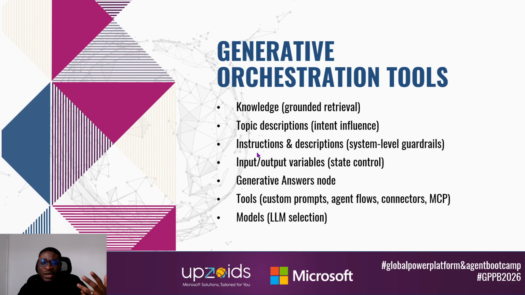Apart from that, we have our variables, input and output variables, which are very important, because if you have a variable as an input to a topic, the topic cannot run until that variable is passed to the topic. And that is a very easy way for you to get the LLM to ask the user. So maybe you have a topic that says create a restaurant booking request.